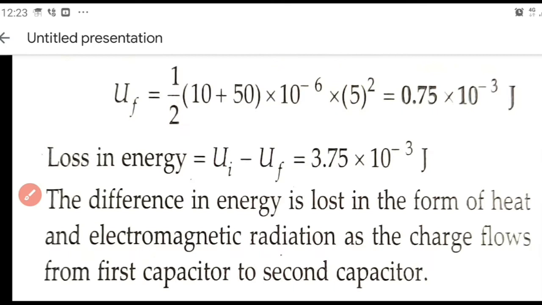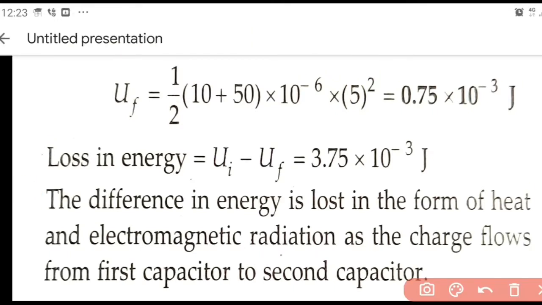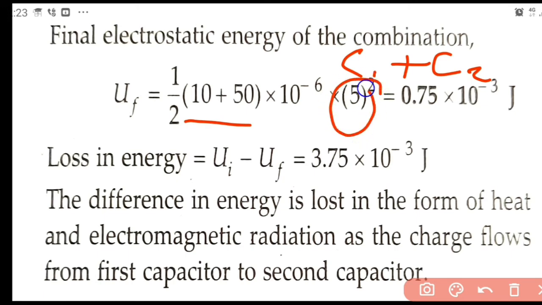Now coming to the next step, the final electrostatic energy. How will we get it? It is for the combination. So when we take the combination, the expression becomes half into CV square, where C becomes C1 plus C2, that is 10 plus 50, and V becomes the common potential, 5.